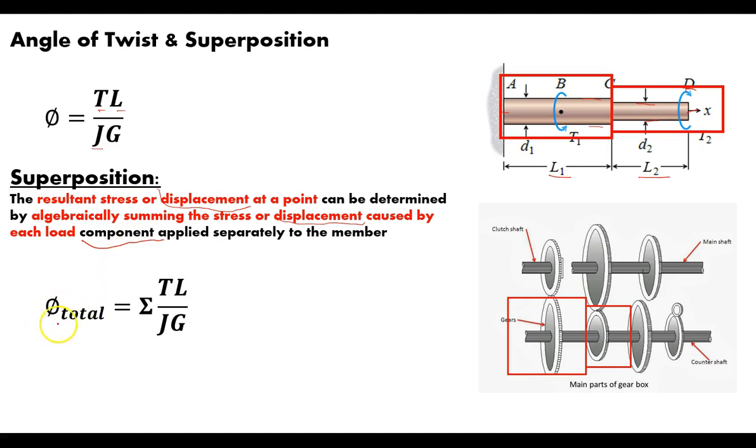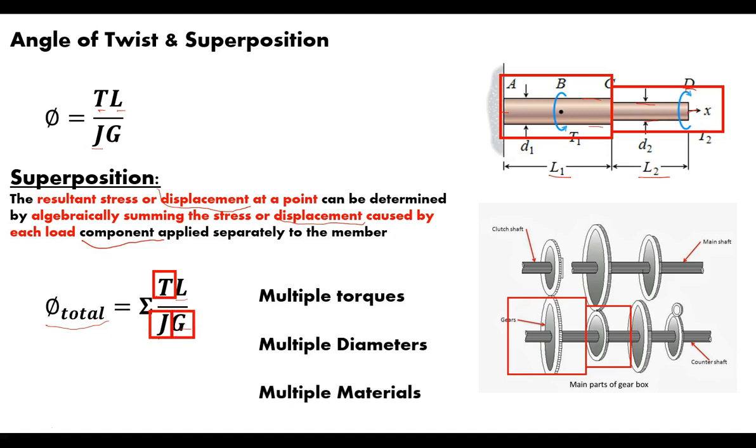The total angle of twist is going to be the sum of each one of the torques times length over polar moment of inertia and shear modulus, treating each one of those as separate. So in the examples we're looking at here, you can have multiple different torques, multiple diameters, as well as multiple materials, which dictates the shear modulus.